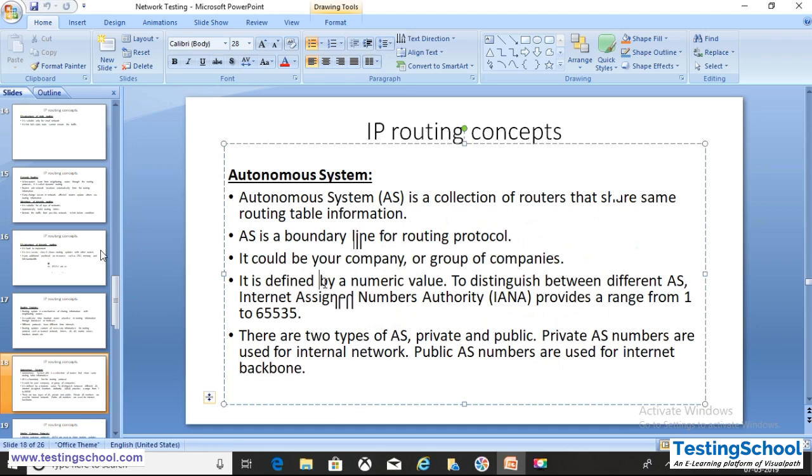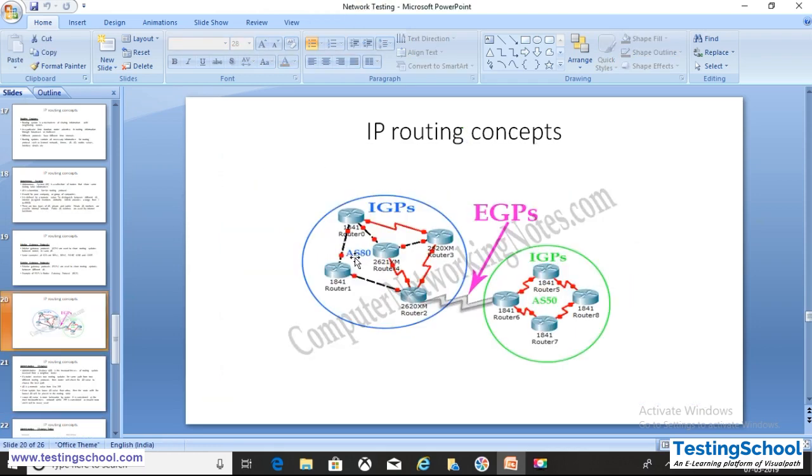Within the blue autonomous system, routers 0, 1, 2, 3 and 4, when they want to share information, will use the interior gateway protocol written in blue, IGPs.